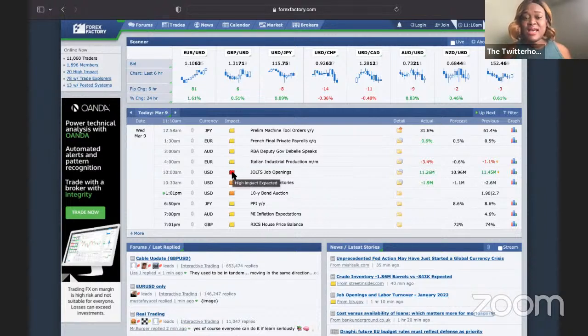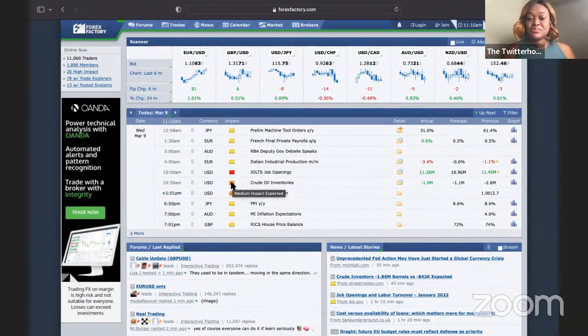If I see that, I'm not going to trade, because the US dollar, for some reason, if there's a red folder on that, it tends to affect everything. So I will just not bother to trade if I see a red folder on the US dollar and an orange folder in a close proximity of time. I'll just not even bother to trade. So, I'll just close my laptop and go about my business.